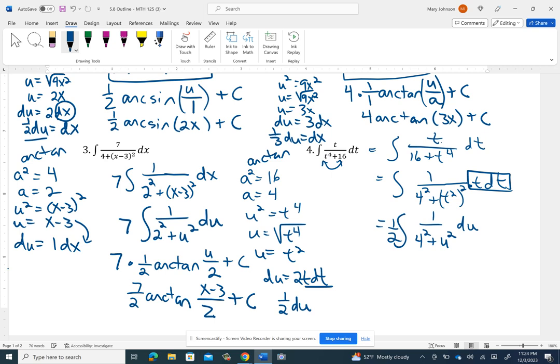We need to do 1 over our a, and then it would be arctan u over the a plus c, and then you have the 1/2 already that you need to bring down, which makes it 1/8 arctan of t squared over 4 plus c.